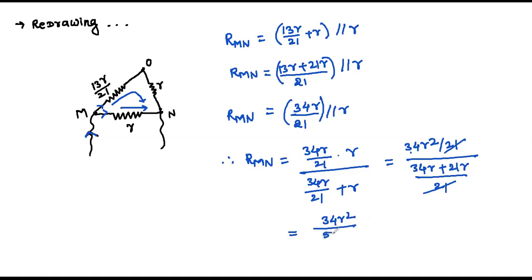Check karo. 55R. Yes, right. So this R and this R will get cancelled. How much are you getting as the answer? 34R by 55. And therefore your answer is RMN is equal to 34R by 55.